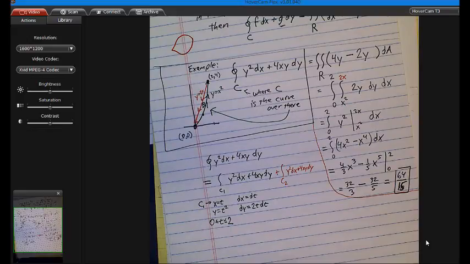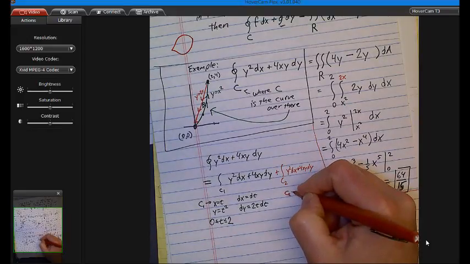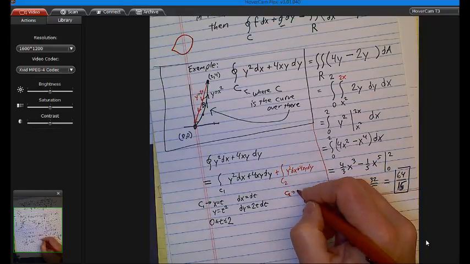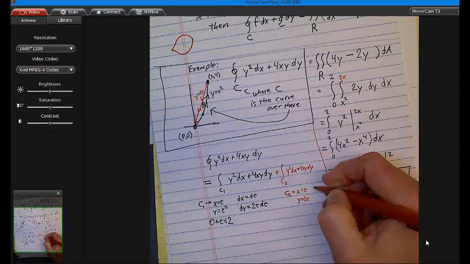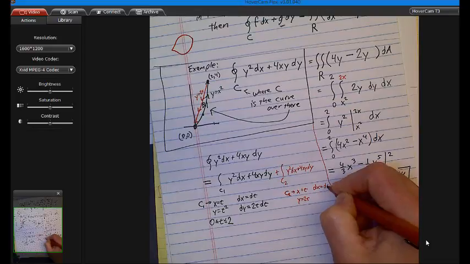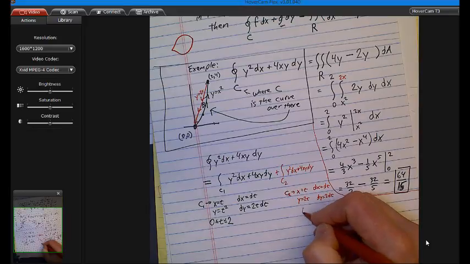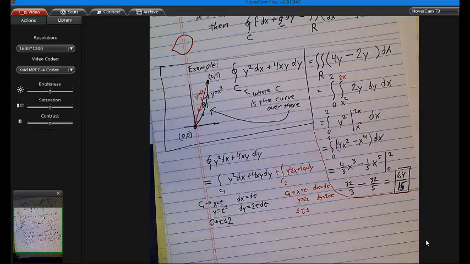For the brown curve, C2, x equals t, y equals 2t, dx equals dt, dy is 2 dt, and then what should t go from where to where?